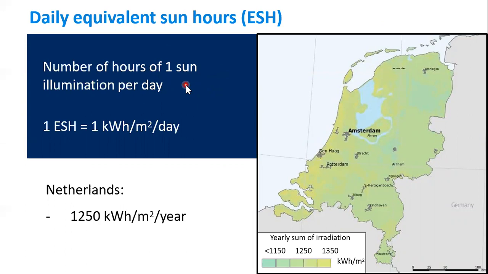This is, by the way, my dear students, a very, very important parameter in solar cells, because this 1 sun condition, which is equivalent to 1,000 watt per meter square, represents what we can call the standard condition in a solar cell.